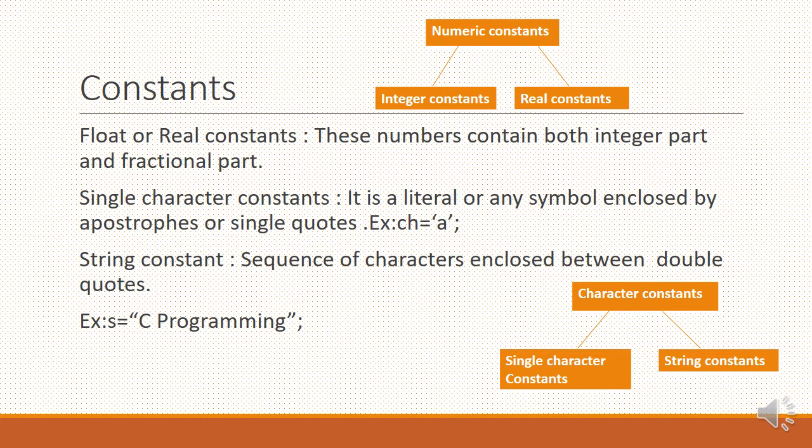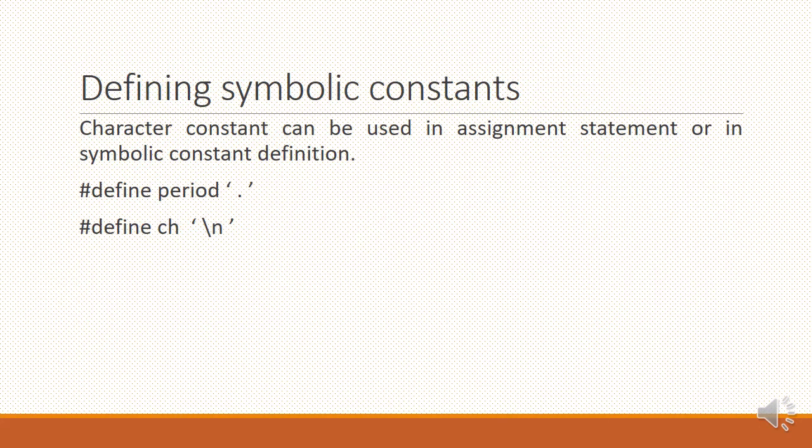Now move to the next topic. Till now we have studied the different types of constants. Character constants can be used in the assignment statement or in a symbolic constant definition. You can use the character constant in define. Where did you study that?